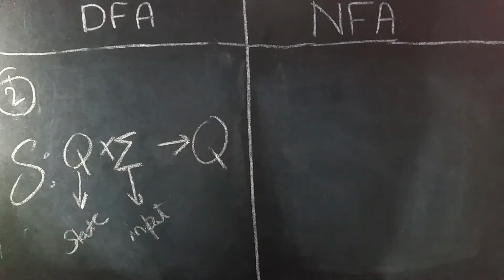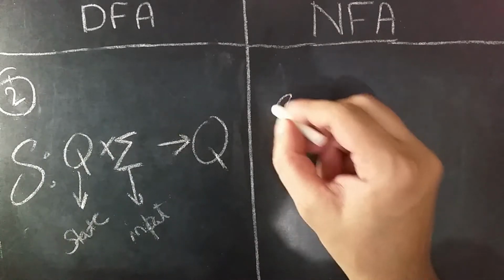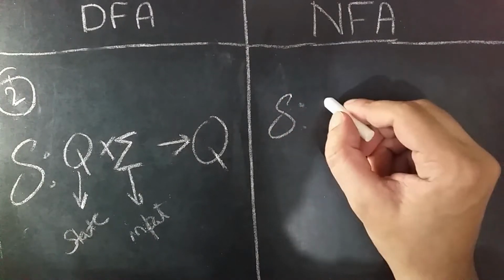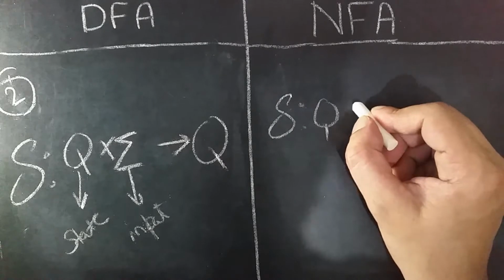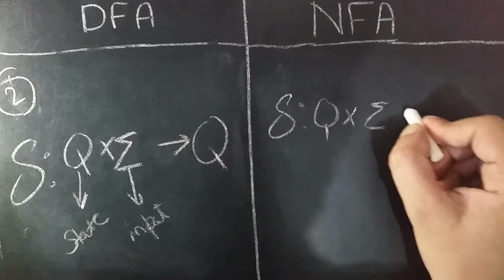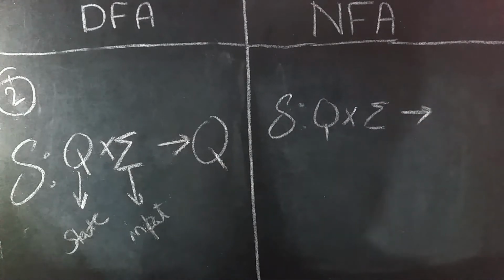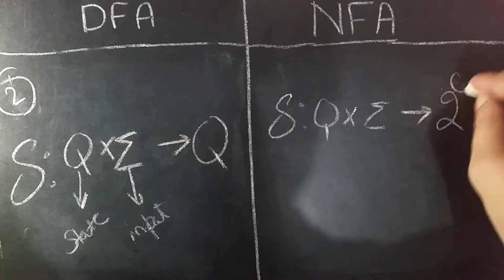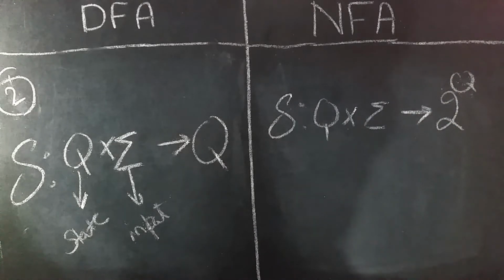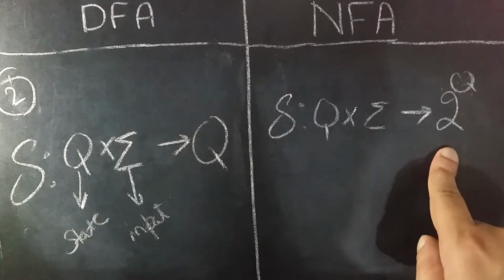Whereas in non-deterministic finite automata, the transition function would be: for every state, if we give an input, we can reach a subset of states. For a subset, we write the power set of Q, which would be 2 to the power Q, since it can reach any combination of these states.